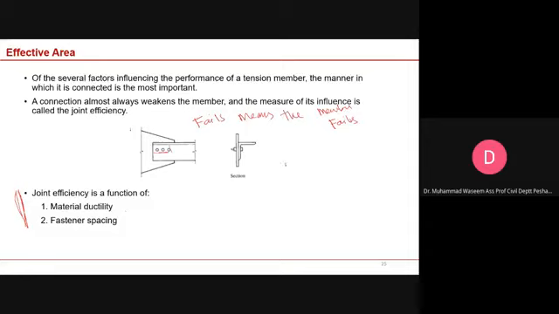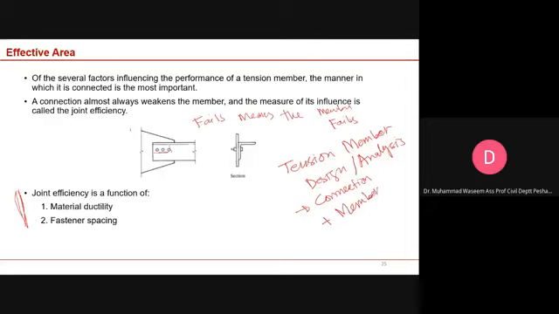Please remember, tension member design or analysis not only means design of the member, but also design of connections. Connections plus member itself.